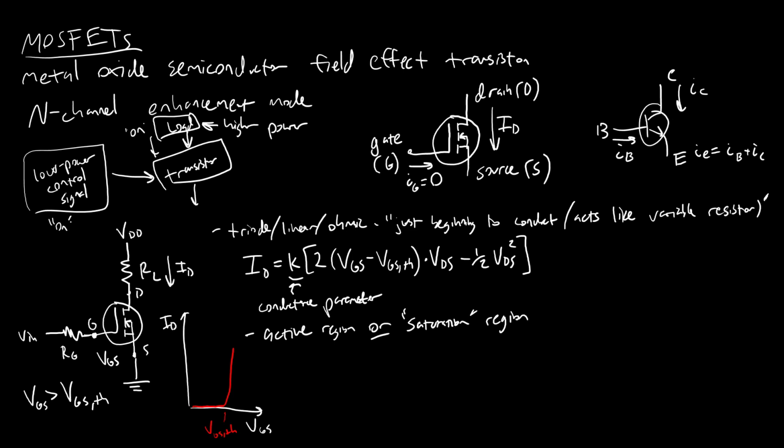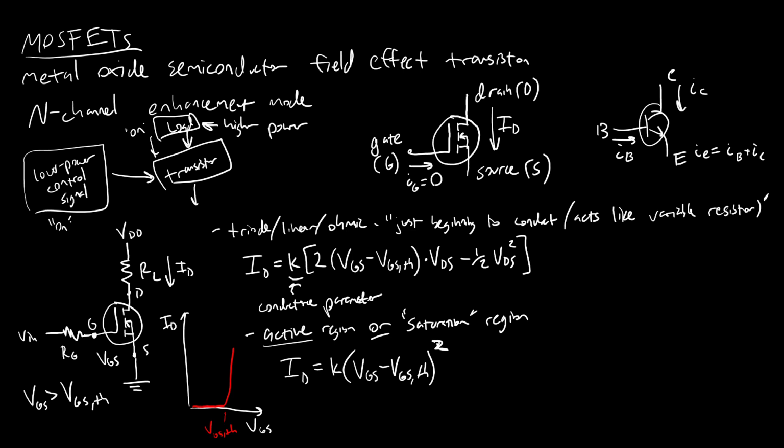I don't know the history of who made up the terms or why. For example, if you go look on Wikipedia, it then calls this the active region. But anyway, we have a somewhat simpler equation where ID is now just proportional to the square of the difference between the actual gate voltage minus the gate threshold voltage. Sorry, that's a 2 there, without these VDS terms in there.